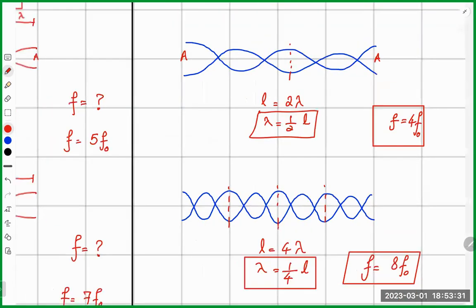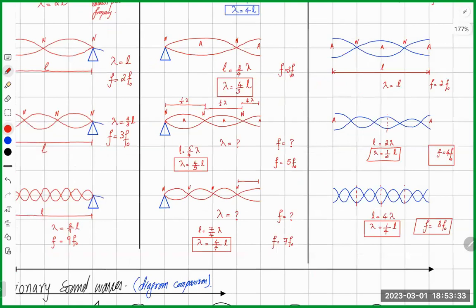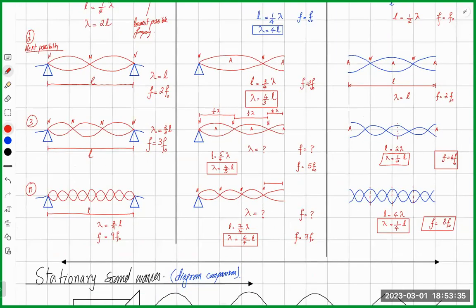Okay, so this is about the stationary waves that are established in a string.